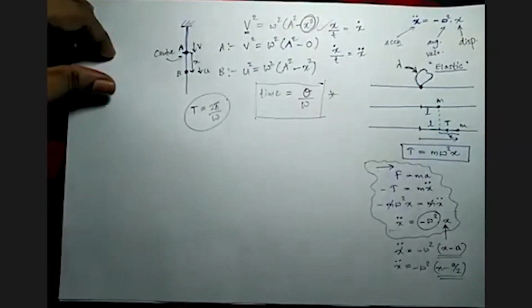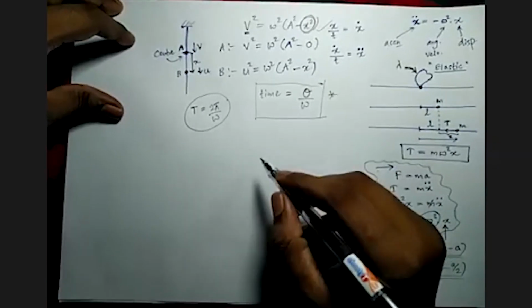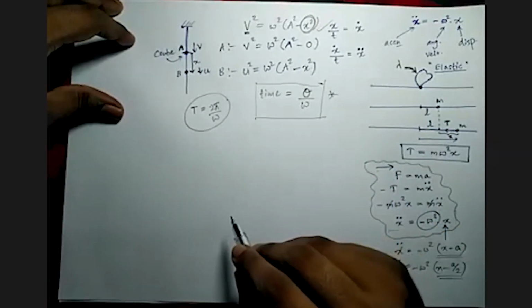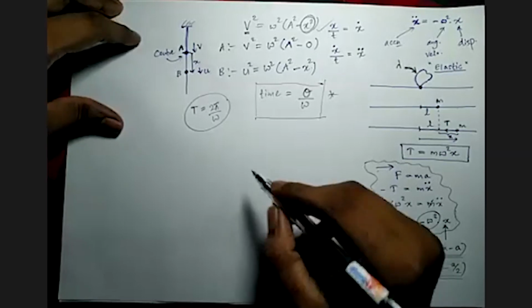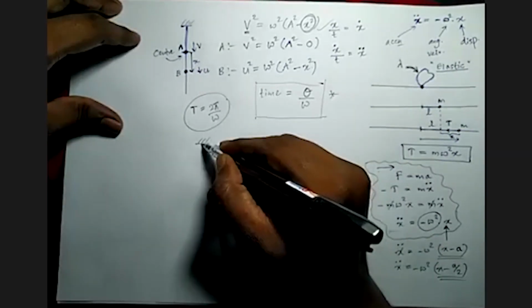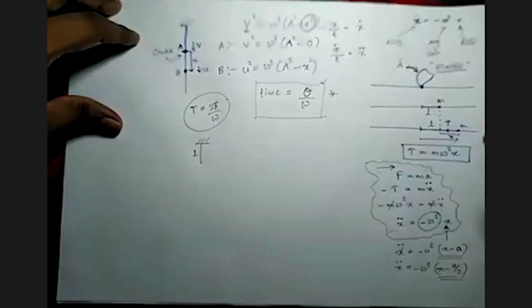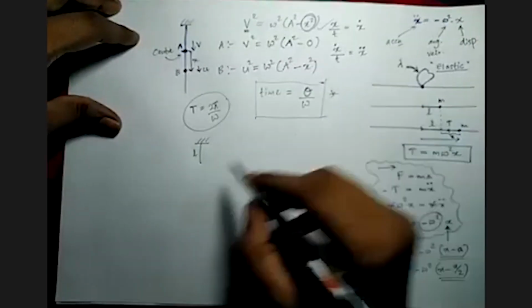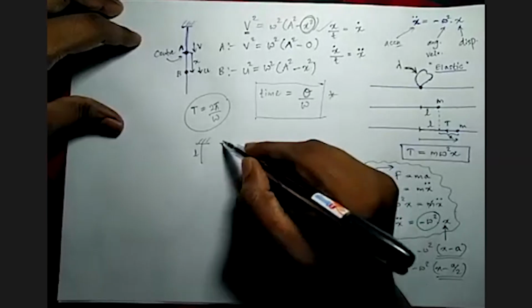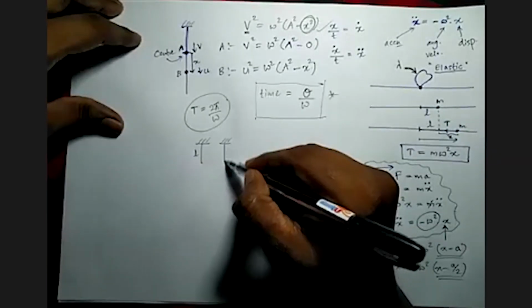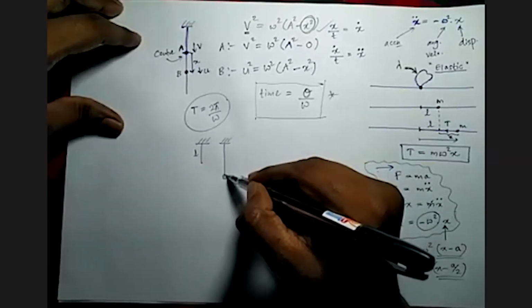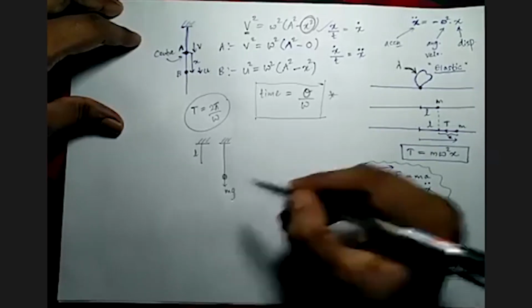Then the fourth equation is the tension of an elastic string. How to find the tension of an elastic string? Let's say we have an elastic string of natural length L, freely hanging vertically down. Now I have connected a mass M to that elastic string.